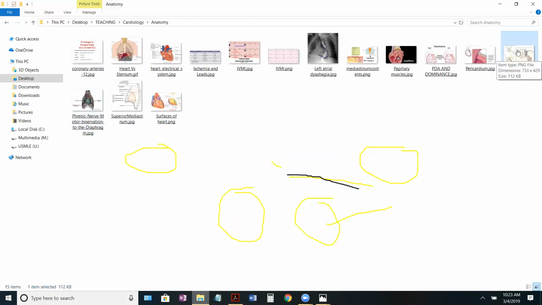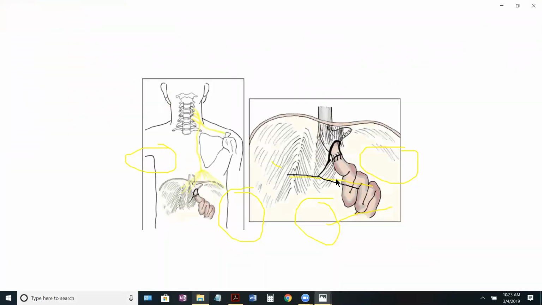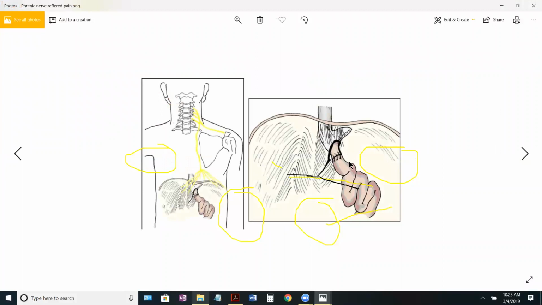Okay. So if some hernia that is passing through the diaphragm is irritating the diaphragm, or if due to acute cholecystitis, why? Because the gallbladder is just below the diaphragm. If the gallbladder becomes inflamed, that can irritate the phrenic nerve that is supplying the diaphragm.